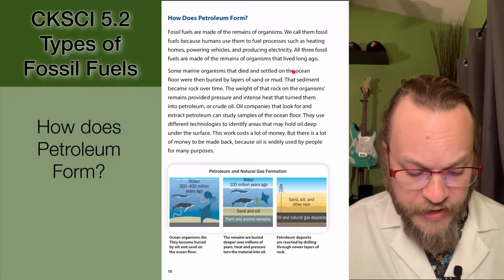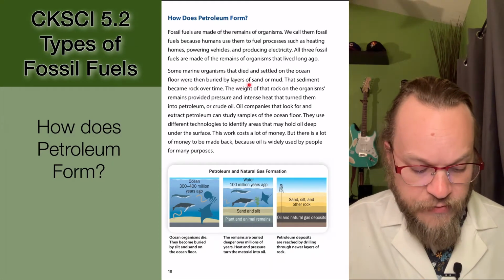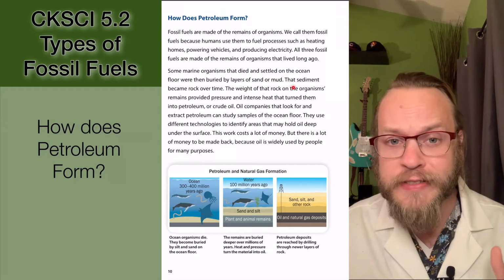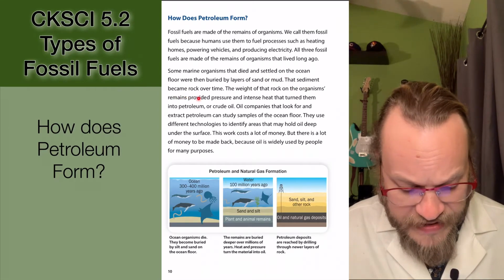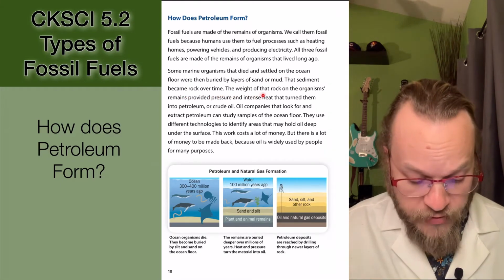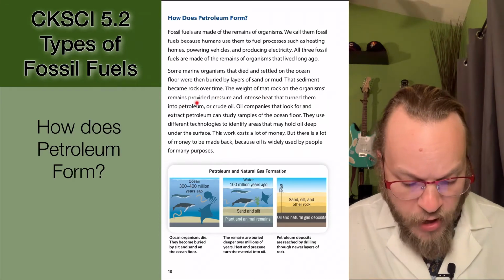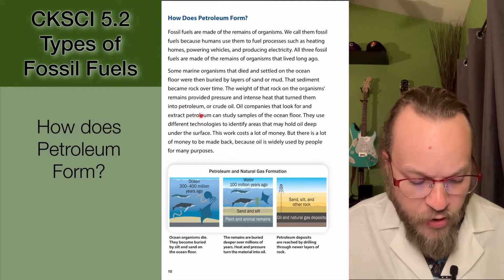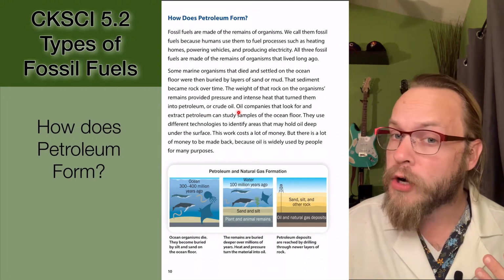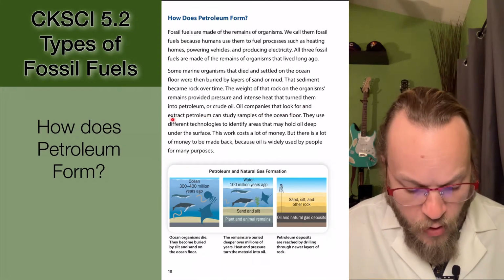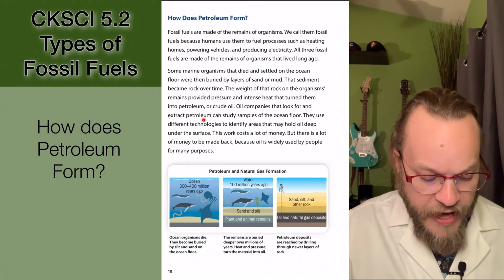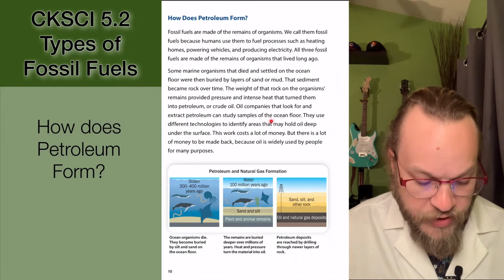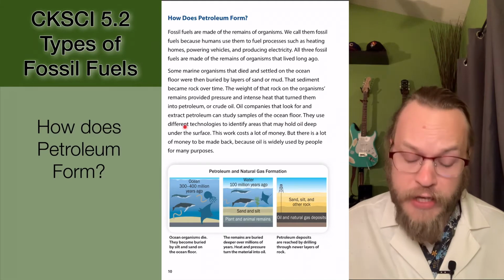Some marine organisms that died and settled on the ocean floor were then buried by layers of sand or mud. That sediment became rock over time. The weight of that rock on the organism's remains provided pressure and intense heat that turned them into petroleum, or crude oil.